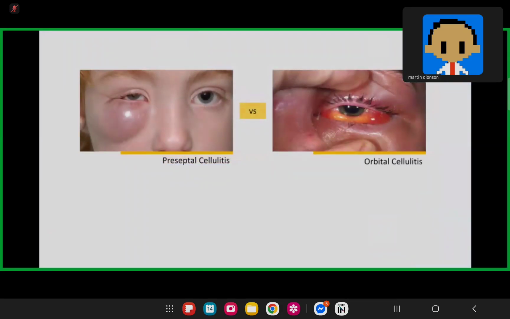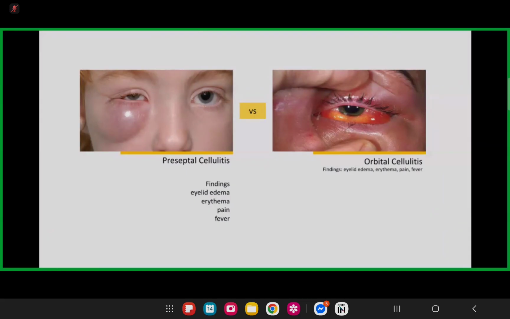So how do you differentiate preseptal from orbital cellulitis? Once again, preseptal cellulitis includes edema, erythema, pain, and fever, which may be present as well for orbital cellulitis. However, orbital cellulitis is characterized by other presentations.